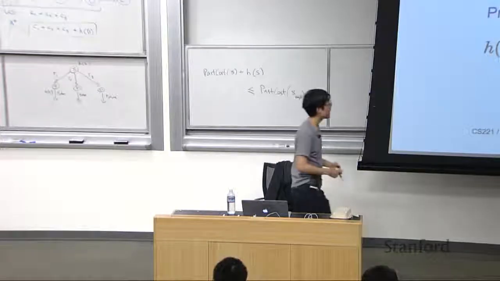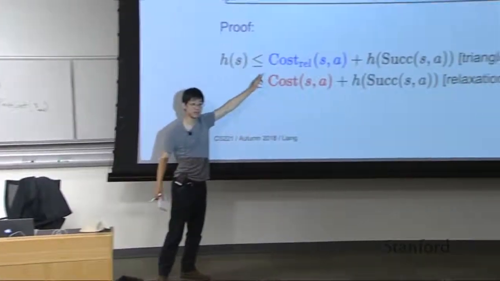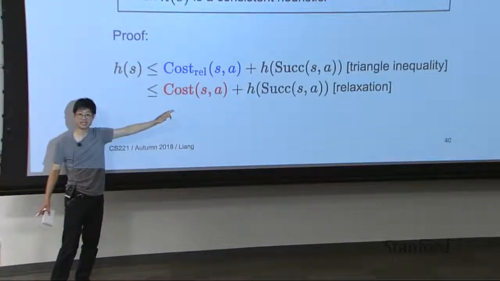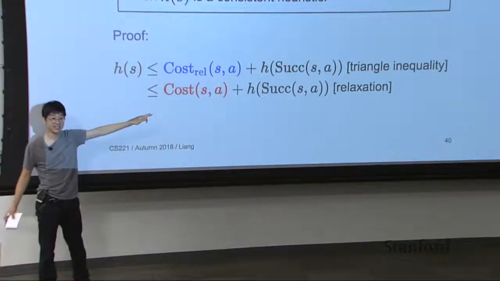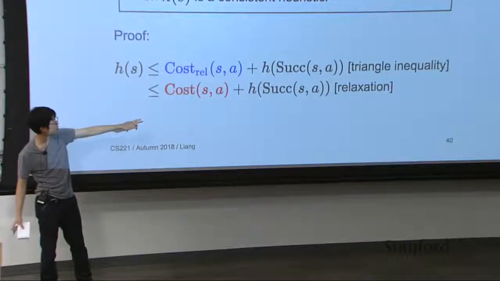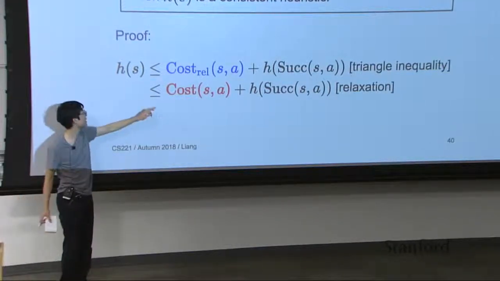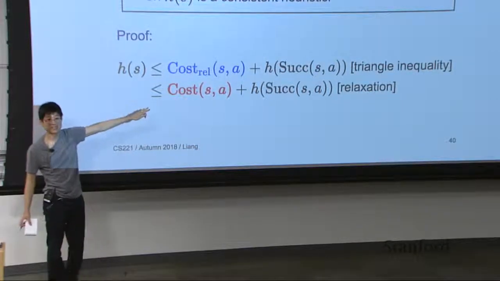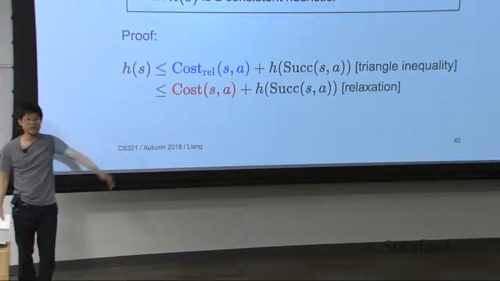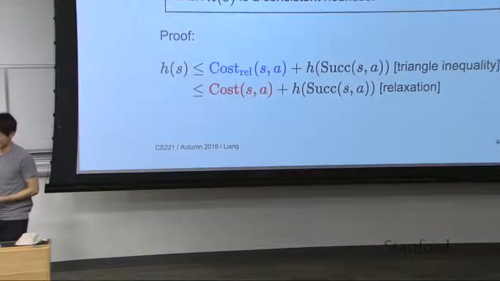And then we know that this relaxed cost is always smaller than the real cost, because that's the condition, that's how our framework works. All the costs have to be smaller. And if you were looking closely at the condition for consistency, this right here is the condition for consistency. So that gives us the proof that if you lower bound the cost, you get a consistent heuristic.